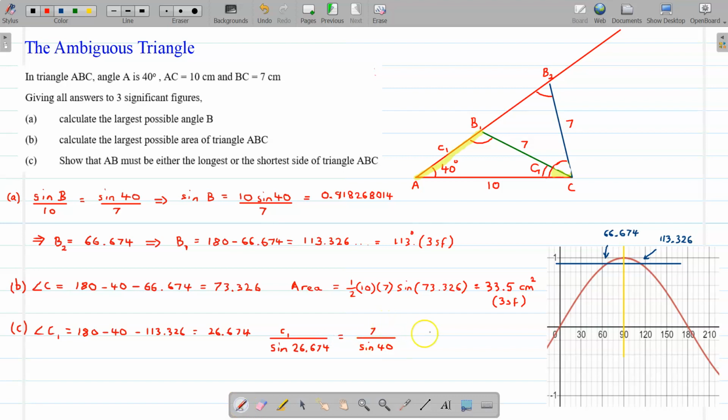Right, okay, so if we rearrange that, basically I'm going to do 7 times the sine of that divided by the sine of 40, and it gives me that c1 is 4.88.